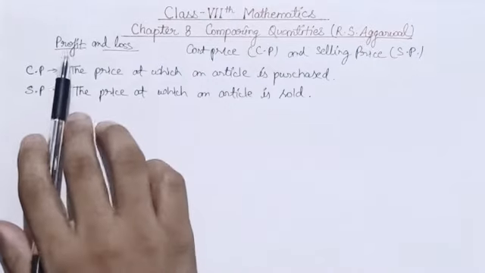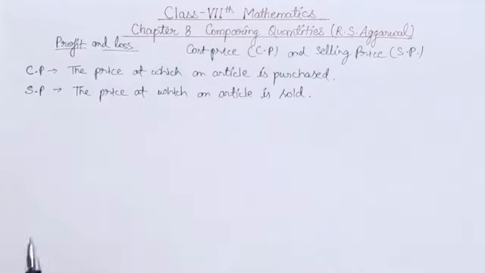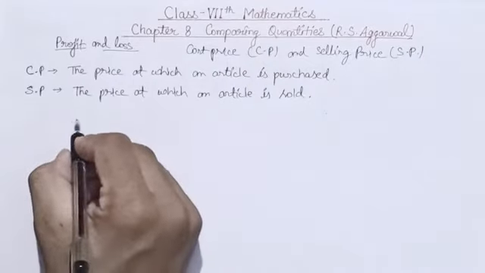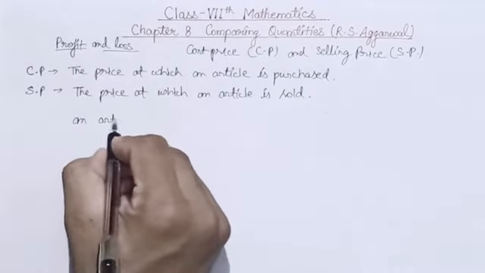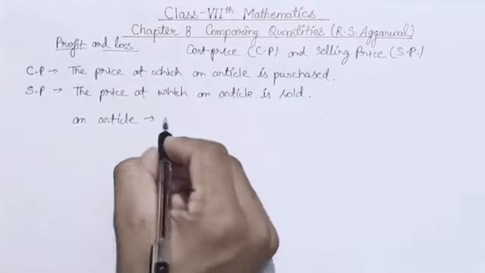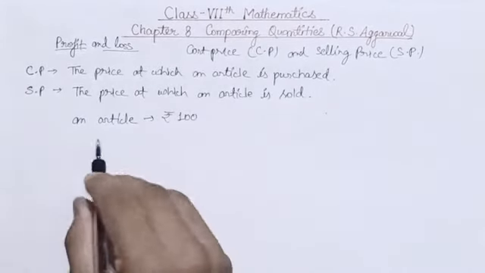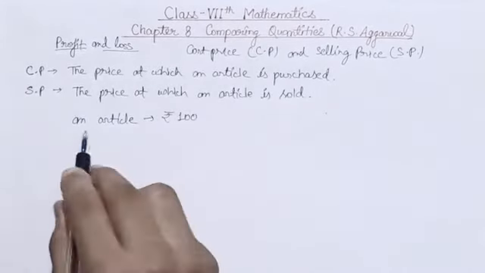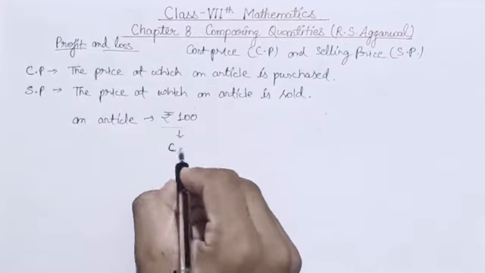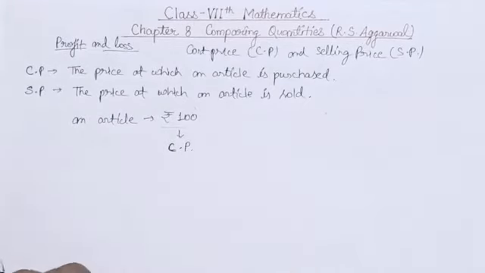Now let us understand what is profit and loss. First let us suppose that you purchase an article for rupees 100. It means this is the cost price of that article.